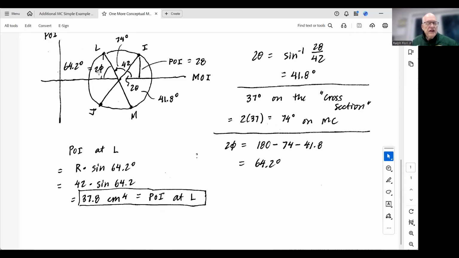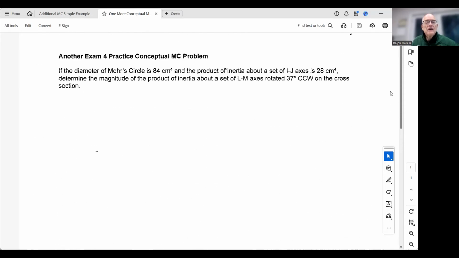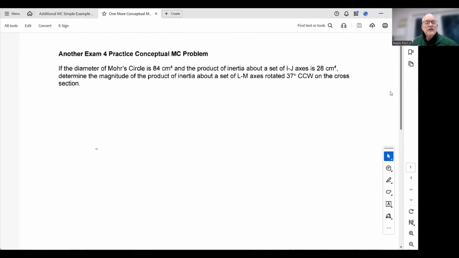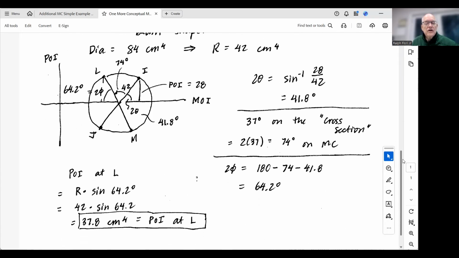If it asks you for the moment of inertia at L, then you could basically take that's equal to, did it ever give you a center? Oh, so it actually didn't give you a center. It didn't give you a center value.